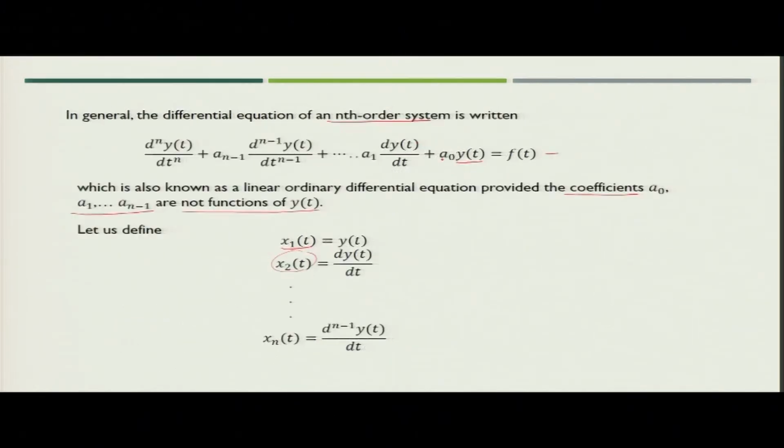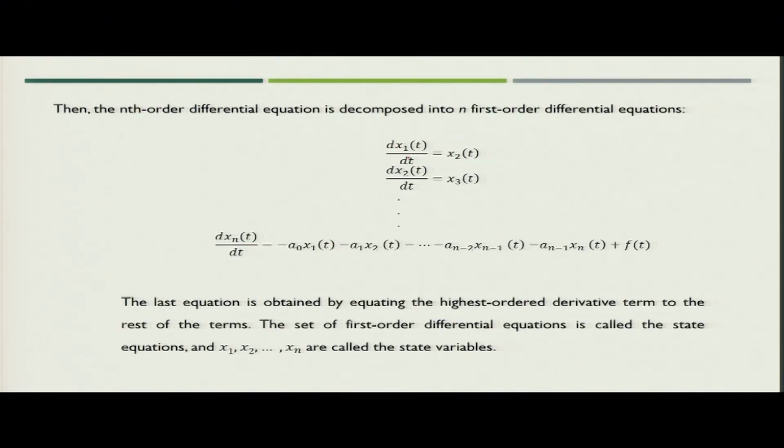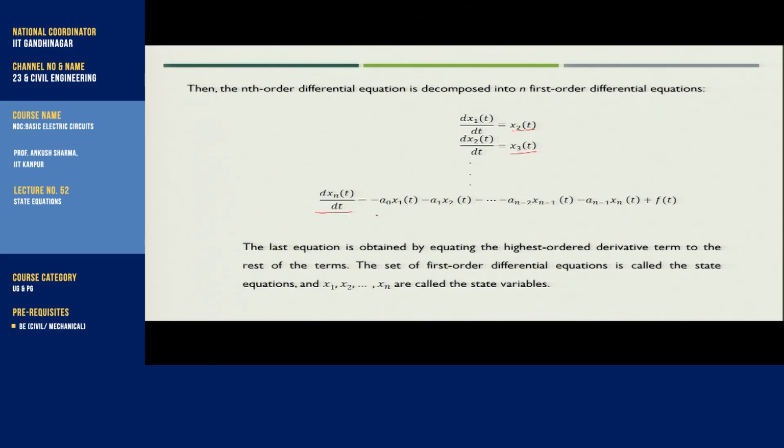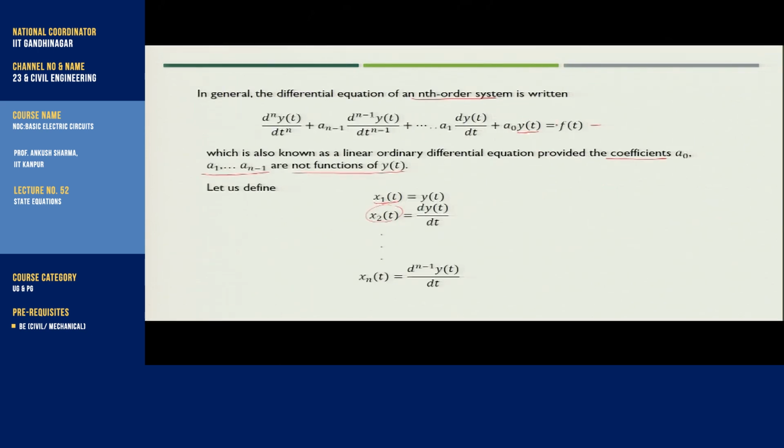equation that dx 1 by dt is equal to x 2 t, dx 2 by dt equal to x 3 t and so on, and the last, that is dx n t by dt, can be represented in terms of the individual components x 1 to x n with the help of the equation which we have.